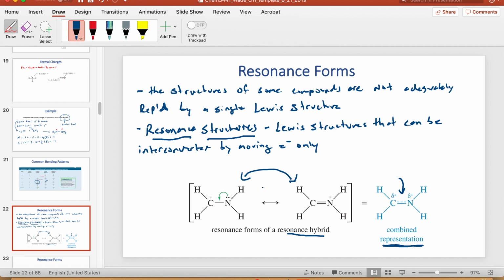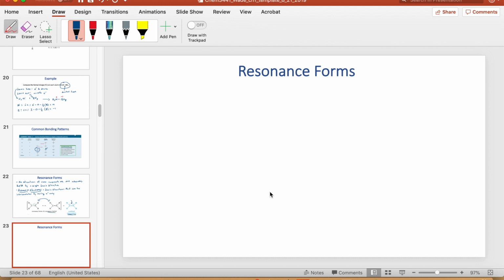So that brings up the question: if some count more than others, how do you know which one counts more? There are a couple of things you need to consider when determining that.